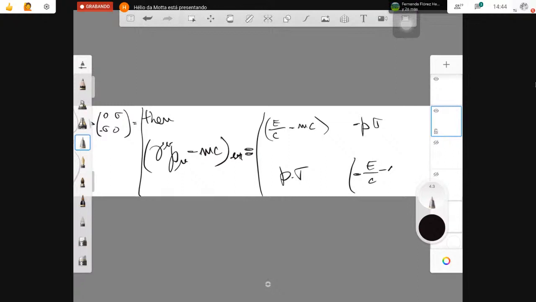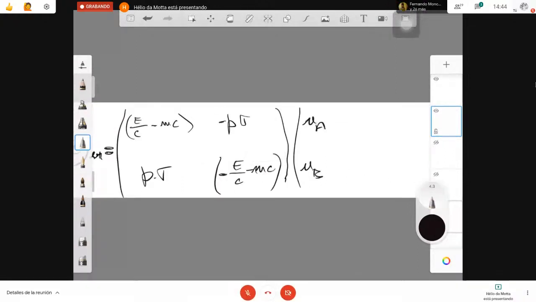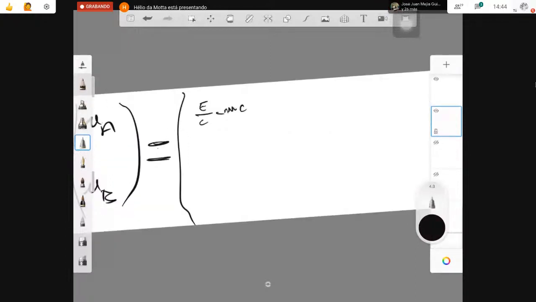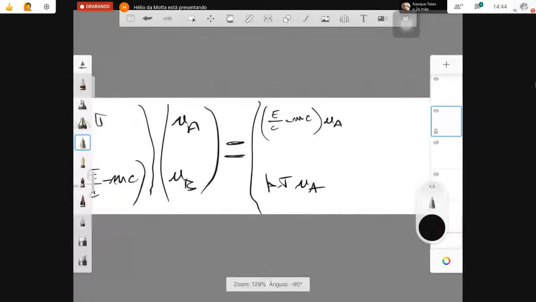And the u, A and B, the two components. This is equal to E over c minus mc, A. Here you have P. That's just the usual matrix multiplication.